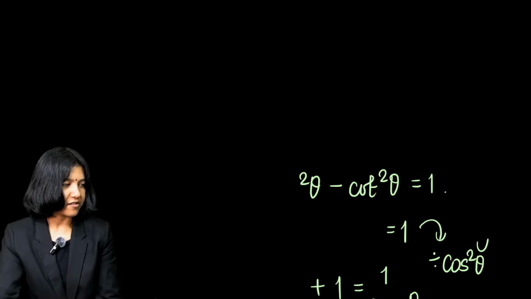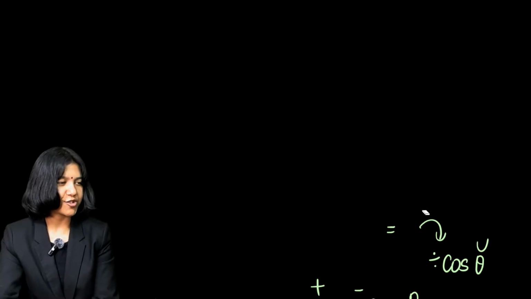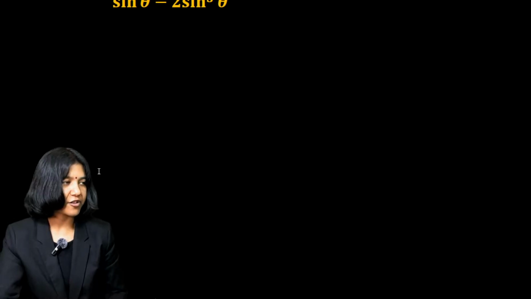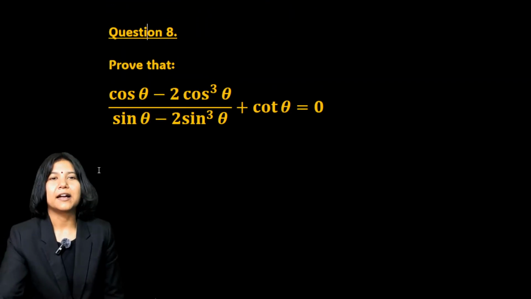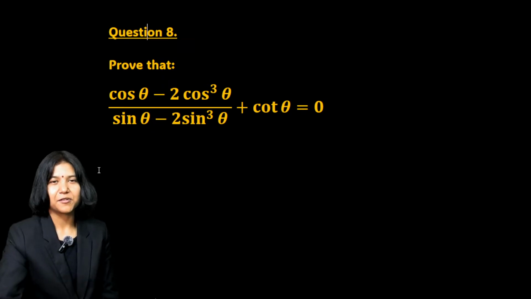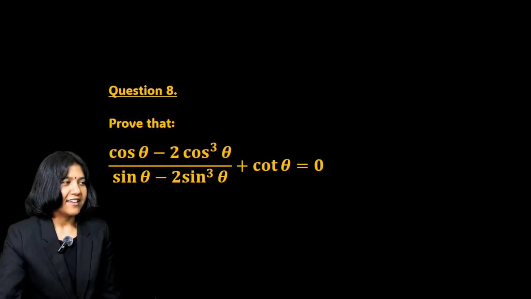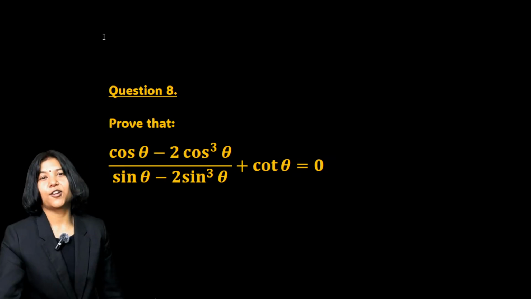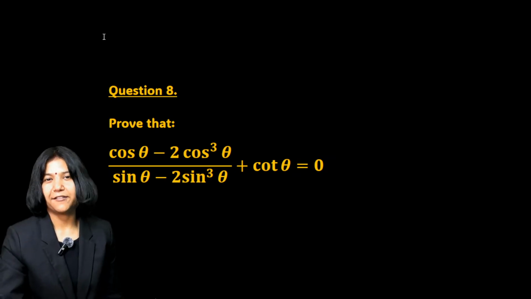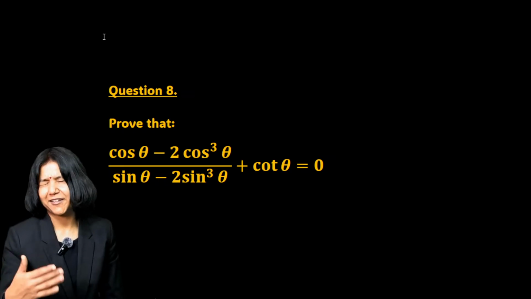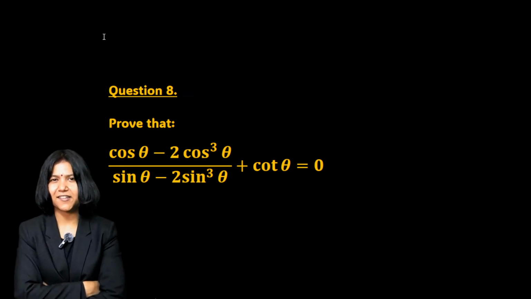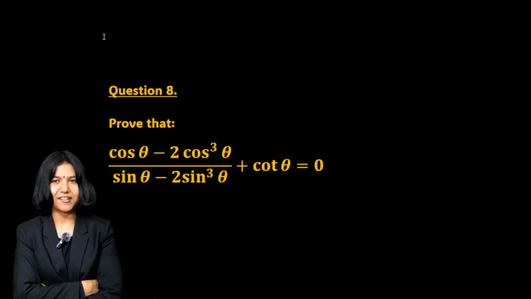I am hoping that with these many questions I have done enough revision and practice for you, and that this will help you during your exams, okay? And I will do topic wise. I have a lot of topics to go ahead and do. If you have any recommendation about which topic I should do next, please go ahead and suggest.